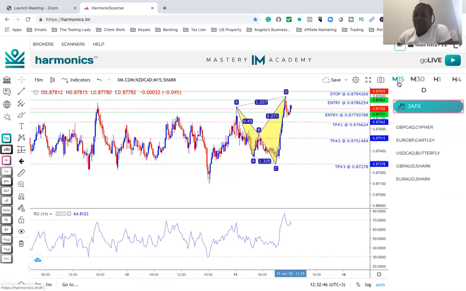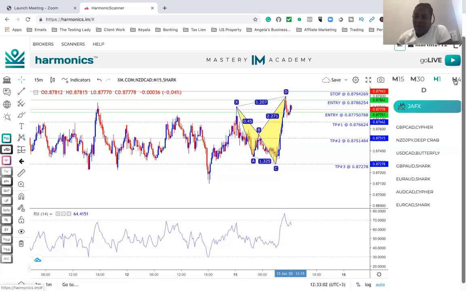This one is M15, a 15-minute time frame. This is a 30-minute time frame, this is an hour, this is a 4-hour, and this is a day time frame. Depending on what you want to take, you can click on them, and there are different currency pairs.